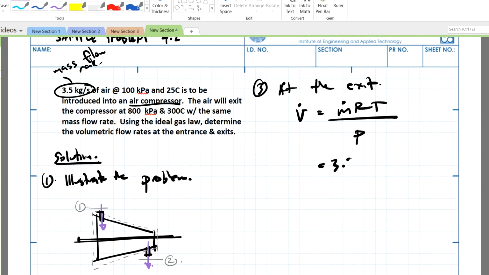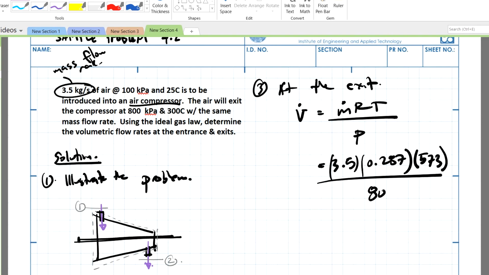What is m? It's still the same, 3.5, and R is 0.287, and the temperature now is 300 plus 273, that is 573 Kelvin. Then divided by the pressure of 800.